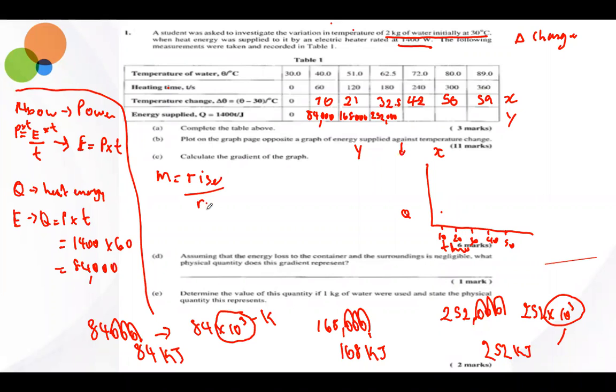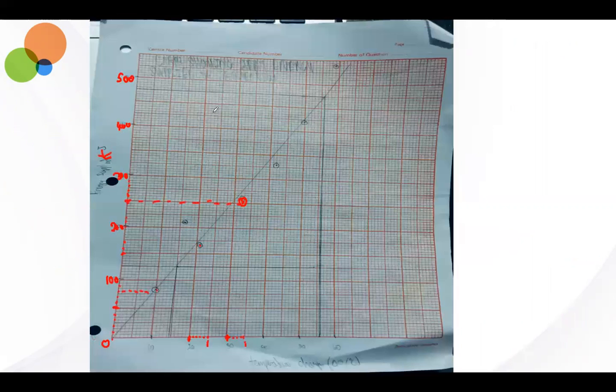This is equal to y2 minus y1 over x2 minus x1. So whenever we're calculating the gradient, we choose a point between the first two values and the last two values and we compare them.